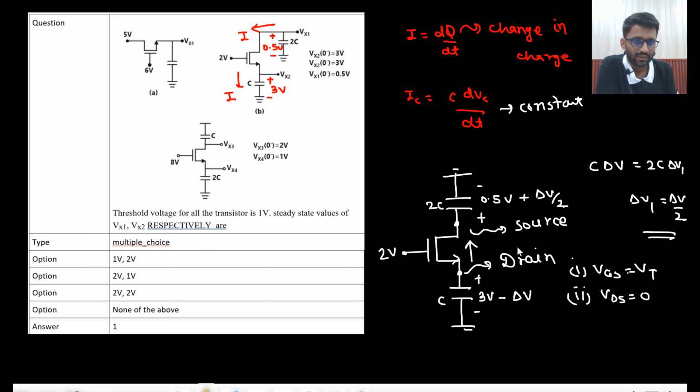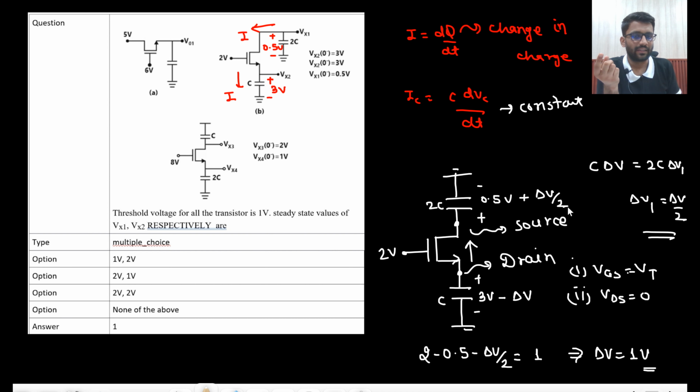This is your source, this is your drain, this is your source. So VGS, so 2 minus 0.5 minus delta V by 2 is equal to 1 volt. So from here what delta V do we get? 1.5 minus 1, 0.5 into 2, that means delta V you are getting is 1 volt.